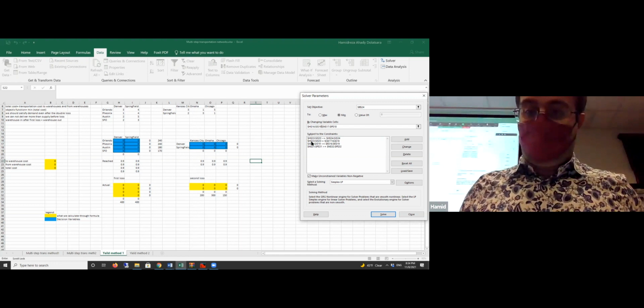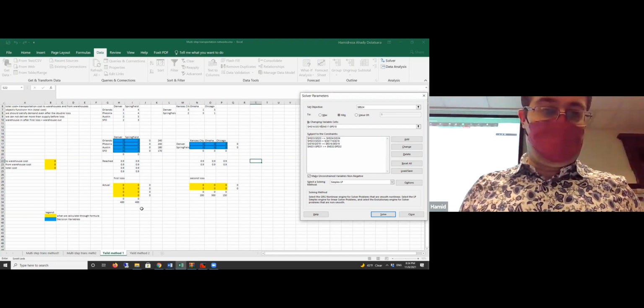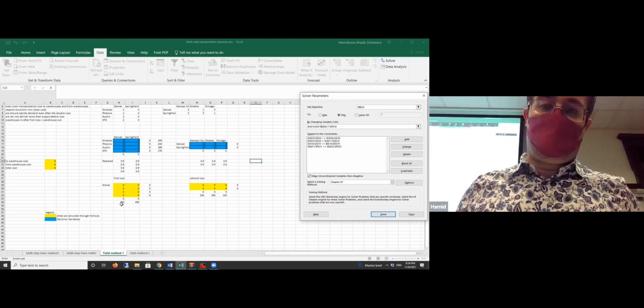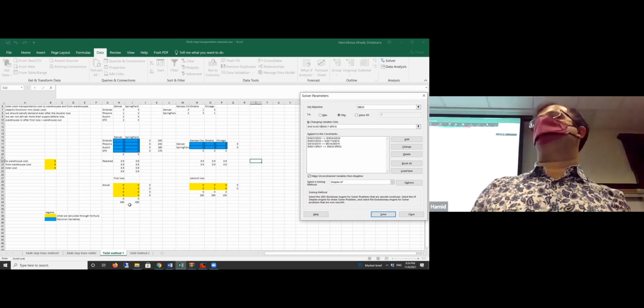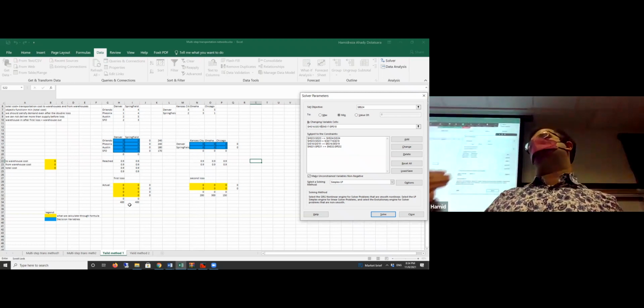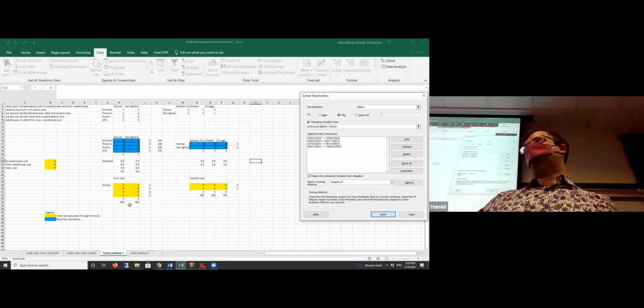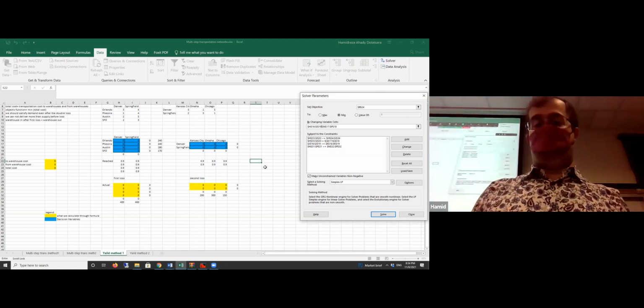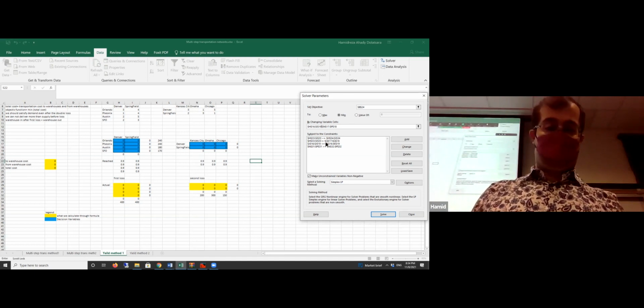The first constraint: H33, I33 should be less than H34, I34. It just means whatever comes after the 10% loss shouldn't be more than 400. This is basically my warehouse constraint. The second one: H33, I33 should be equal to Q17, Q18.